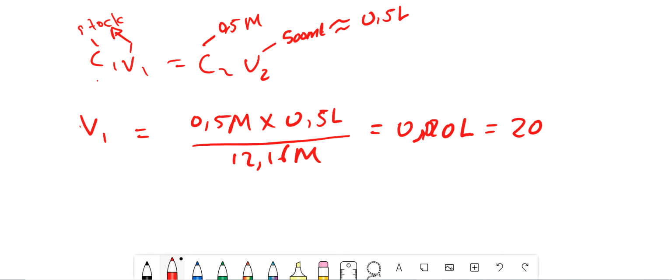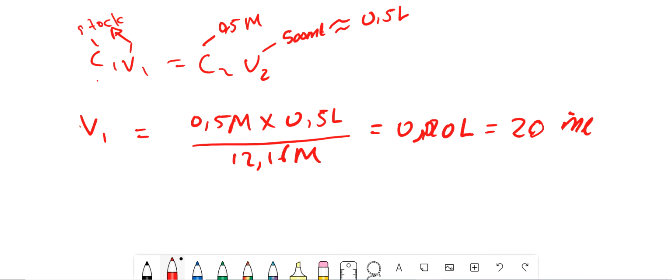So multiplied by 1000, you will get 20 ml. Okay, so this will be 20 ml.